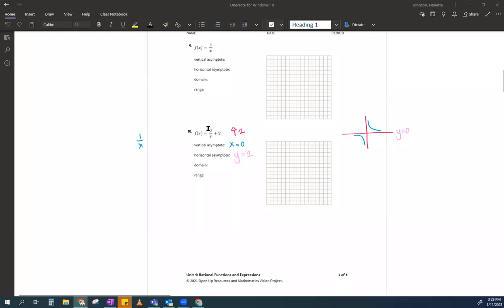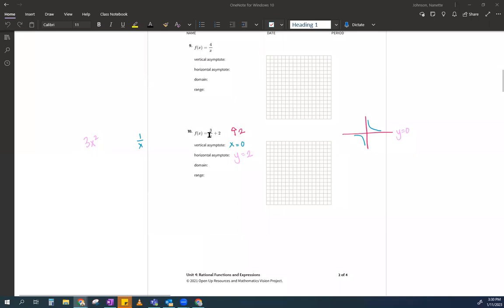So our domain for our function, right? Oh, wait, sorry. I forgot this 3. Does anybody remember what this 3 does? This 3's job is the same as the other 3's job. Yeah, it does a vertical stretch. Okay.